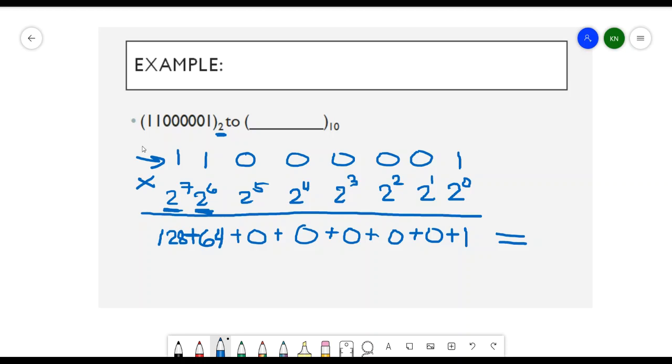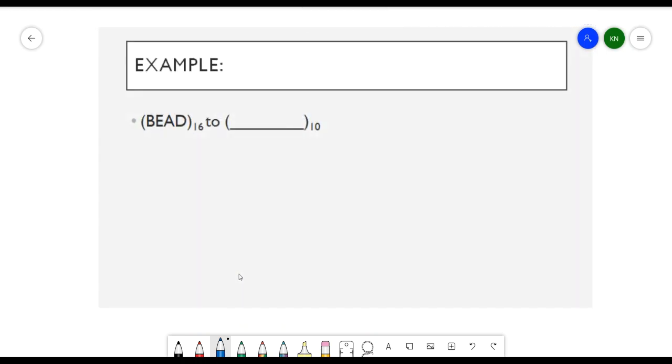Now, 128 plus 64 plus 1 is equivalent to 193. So this binary number is equivalent to 193 in decimal. Okay, I hope this is clear with all of you. Now let's move on to another example.